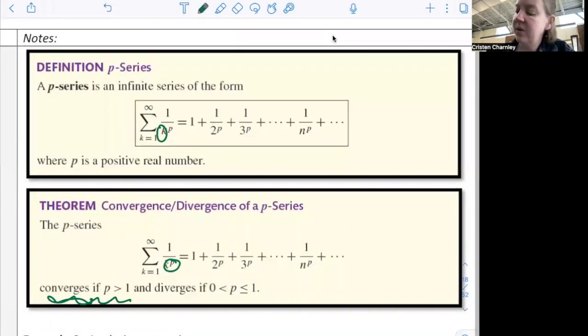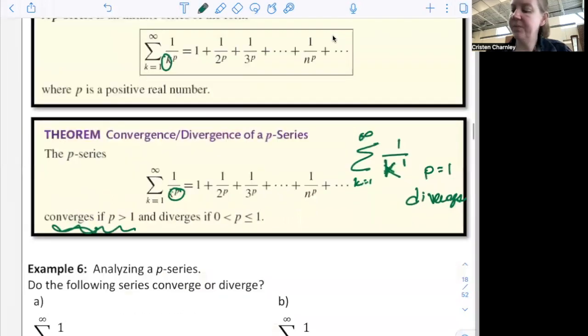So if I go to that 1 over K series, again, the harmonic one, where K equals 1 to infinity, there's an invisible exponent here, which is 1. So in this case, P is equal to 1. So that's another reason that I know that it diverges. That's just another way to show it.